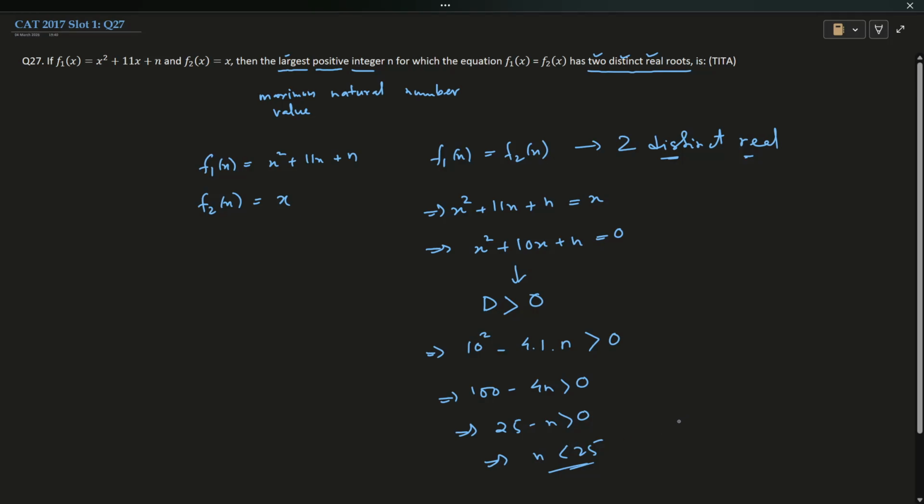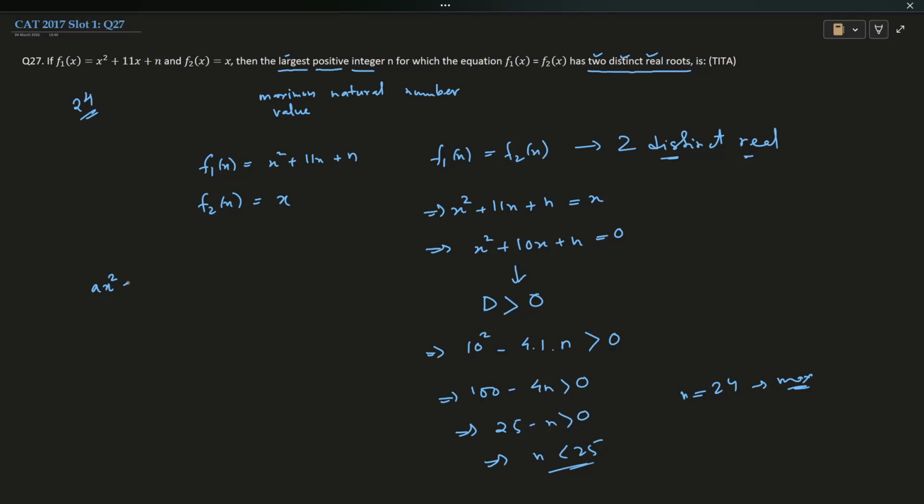So n is a natural number, so the maximum value of n can be n equal to 24. This is the maximum value of n. I need the maximum value, right? Therefore the answer will be 24. Okay, this was also a typo in the answer, so you need to enter 24 as your answer. I will teach a basic concept here, guys.